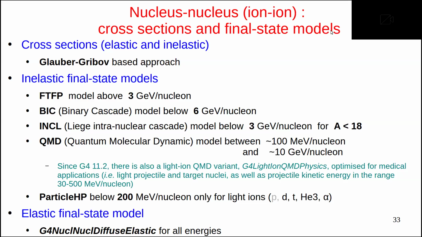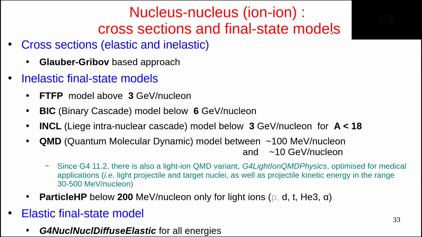This is used in the shielding physics list. And recently, in 11.2, there is a variant of this QMD model which is specific for low energy, in the range of 3 to 500 MeV per nucleon, with light projectile and target, for medical application essentially.